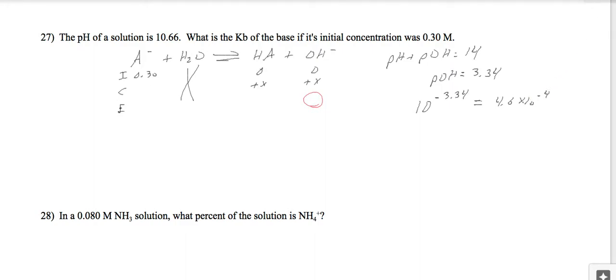Now, I have this here, 4.6 times 10 to the minus 4th. Same thing here. 0.3 minus it. Now we can plug into our Kb equation.